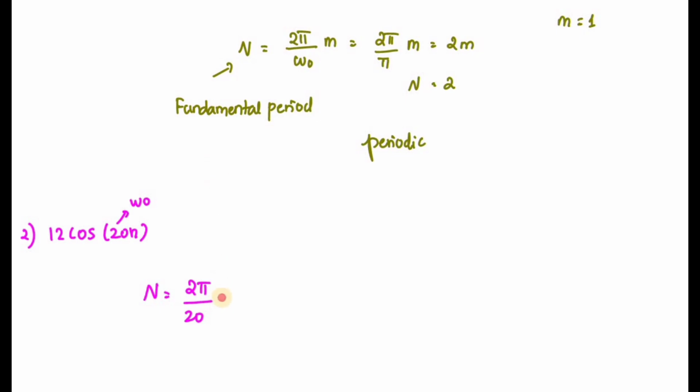So I will get pi divided by 10 m, which is equal to 0.1 pi m. Whenever pi comes, it becomes an irrational number. Therefore this is nothing but an aperiodic signal.